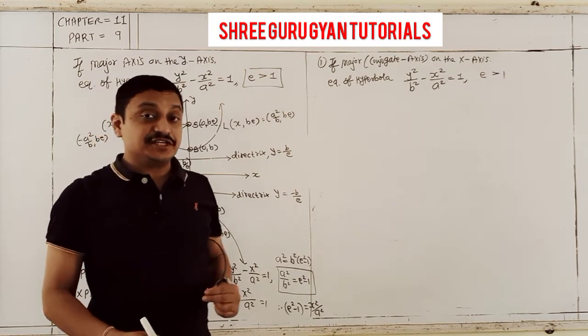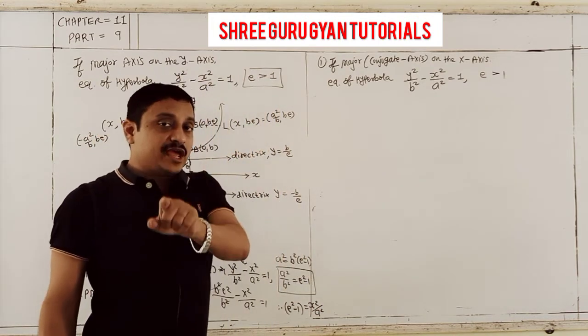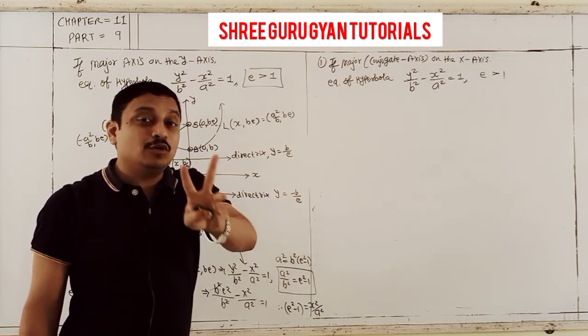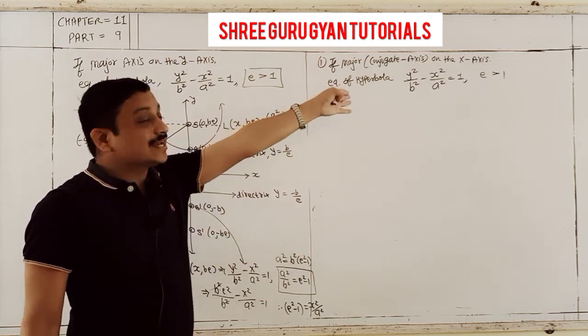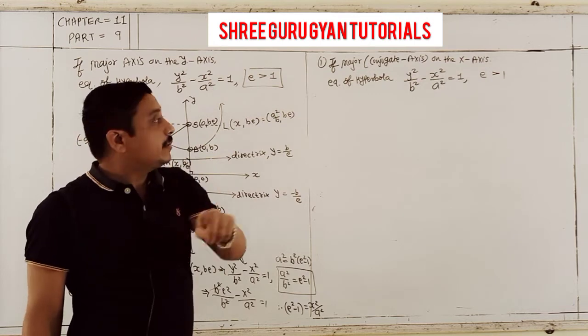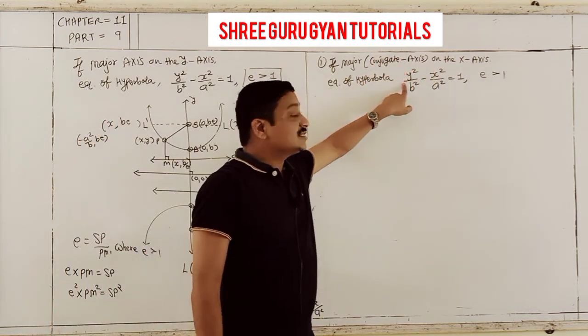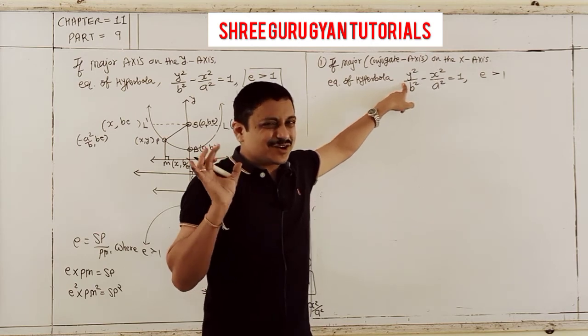Students, here I repeat again, the values of a and b may be higher or lower, it does not depend on the values of a and b. It depends on whether you measure x or y. If the measured axis is x, then x is positive, and if it is y, then y is positive. That is the shortcut by heart.